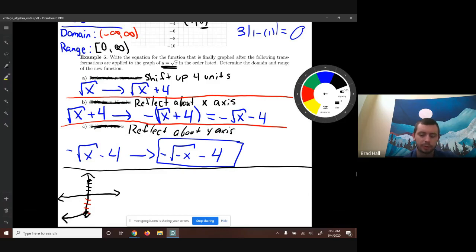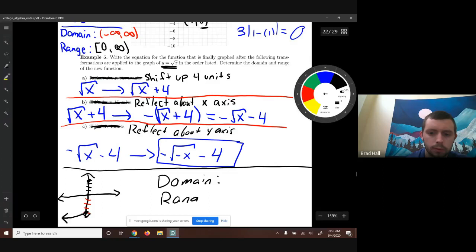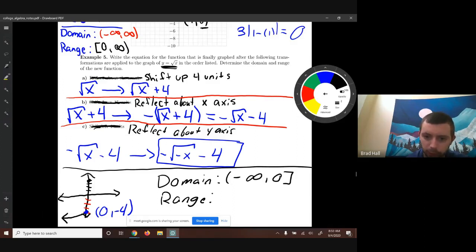So this would be after all of the reflections. And from here, we can figure out the domain and the range. Now the point here is (0, negative 4), so we'll utilize that. Since I'm about out of time, I'm just going to go ahead and write down that the domain is negative infinity to 0, and that the range is negative infinity to negative 4.